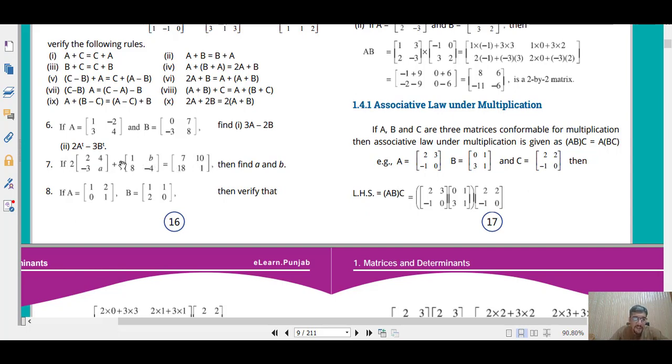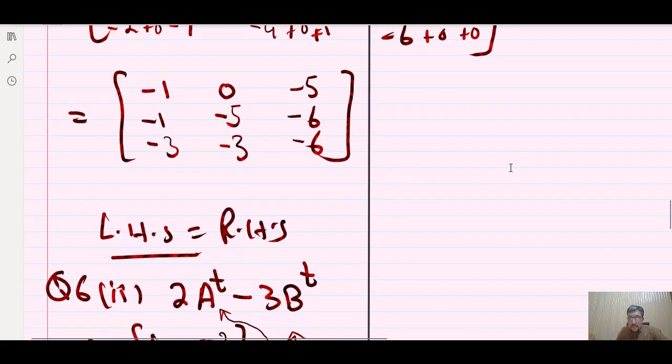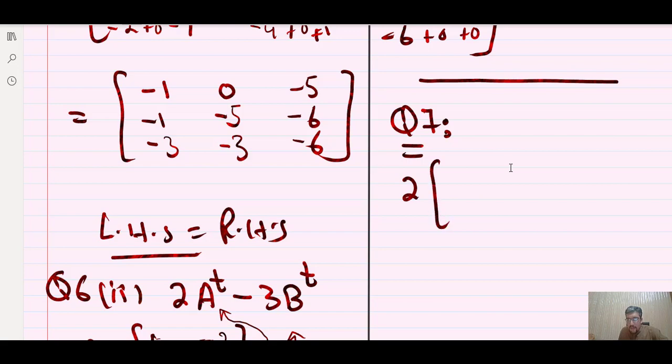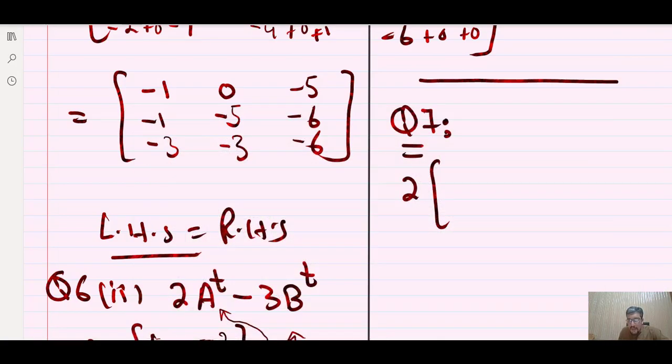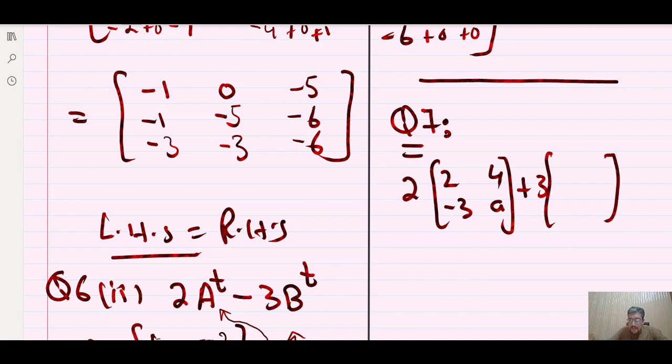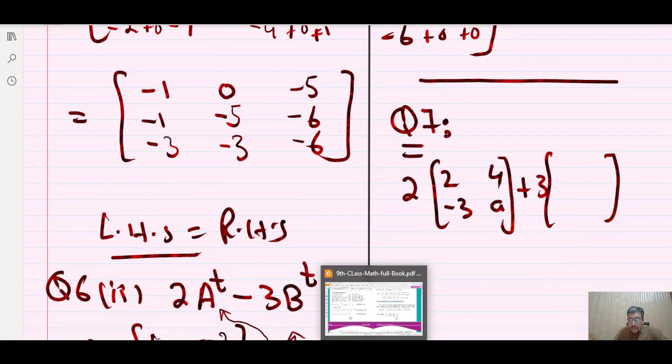So let me write the question first, that is 2 into 4 minus 3A, plus 3 into this matrix, 1 B 8 minus 4.